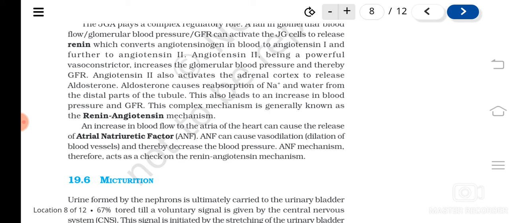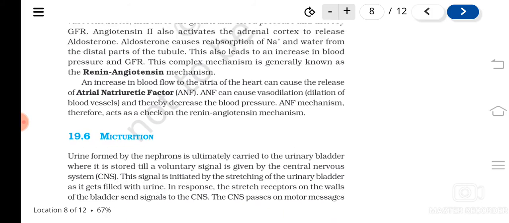It acts as a check on the renin angiotensin mechanism, which actually constricts the blood vessels.